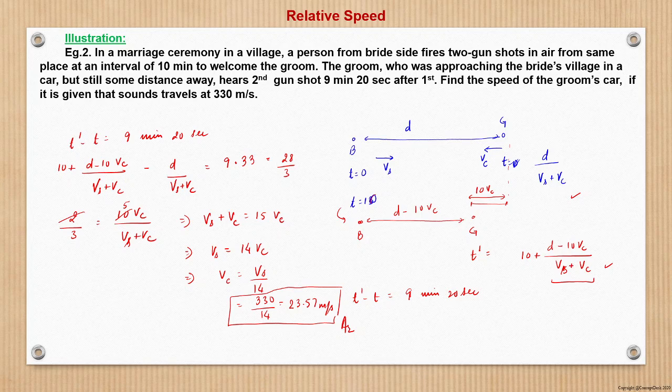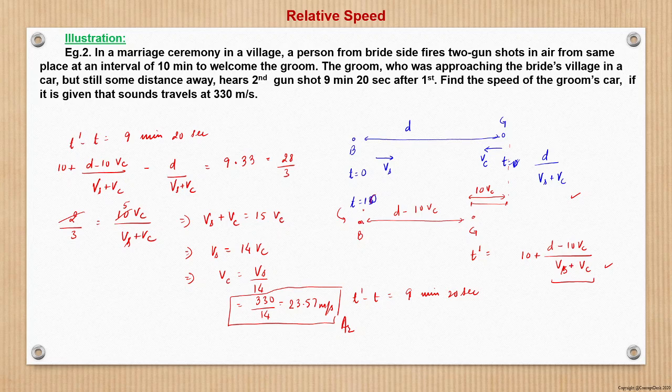Now after 10 seconds another shot is fired, but at t is equal to 10 seconds, the position of the bride remains the same, but the position of the groom changes. The groom's car would have moved in those 10 seconds at a speed of vc by 10 vc.